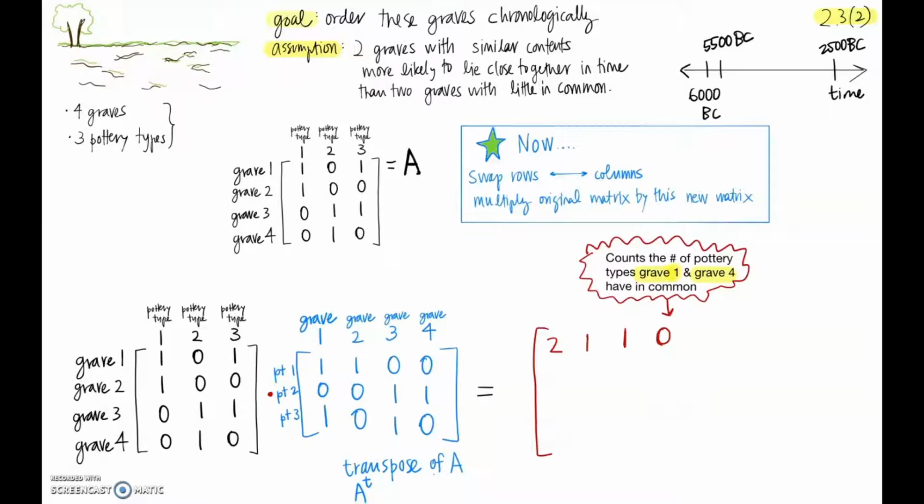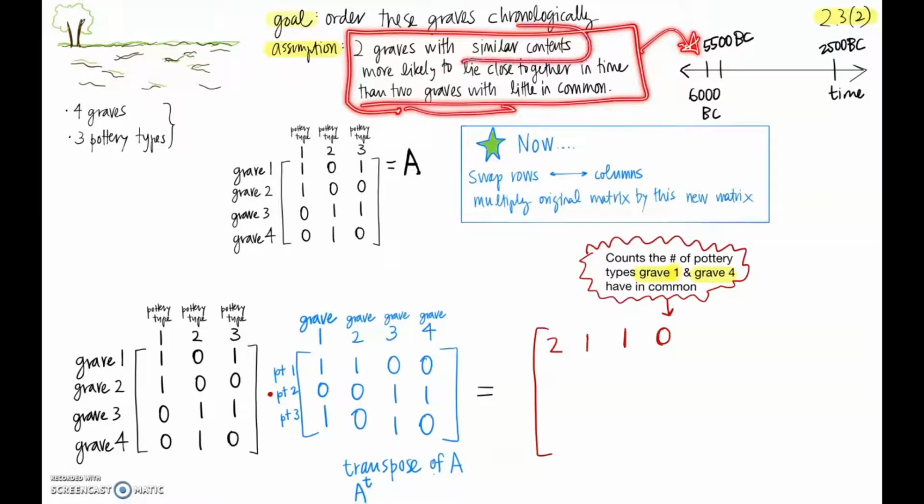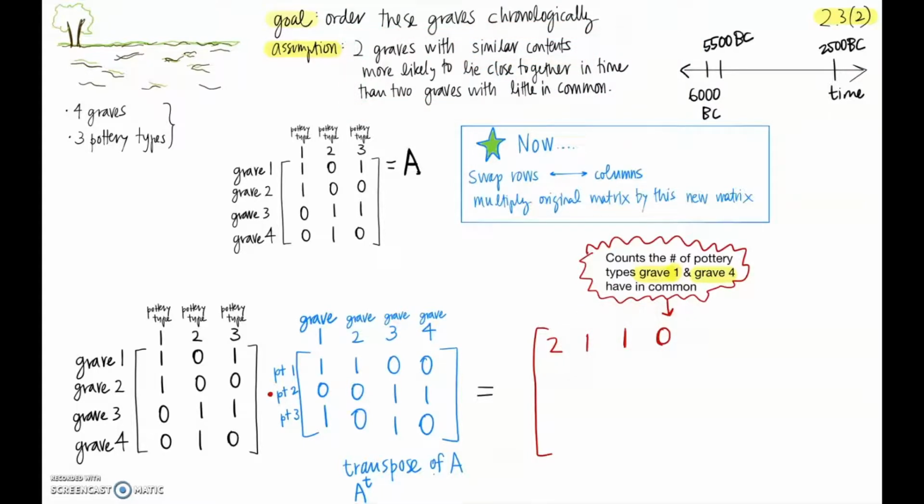And this is really what I was interested in counting, because the way that we tell if two things are closer together on the timeline is if they have similar contents. And the higher this number is, the more similar their contents. And you can imagine in like a 900 by 900 matrix that maybe you'll get two graves that have 37 pottery types in common, and that might indicate that they're very close on the timeline. But let's keep going with our multiplication.